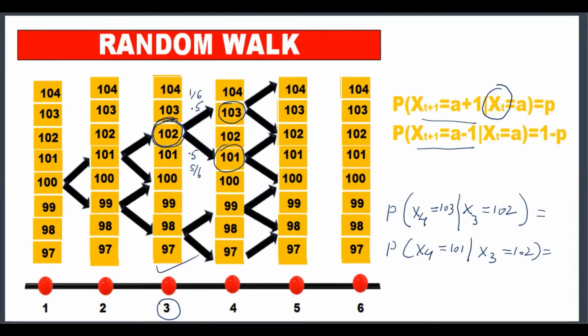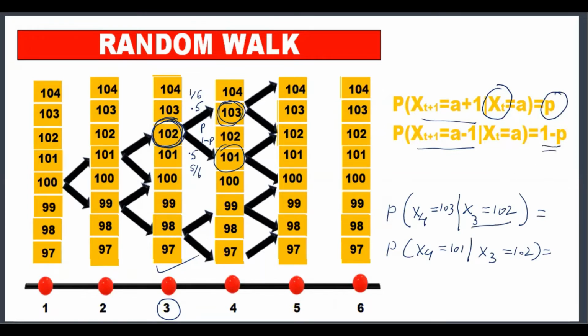So from 102 the probability that I will go to 103 is 50% here, or whatever p we say. p is the probability, 1 minus p is the other probability. We have a mathematical definition, we'll do that. But remember, probability p is 0.5 in case of tossing a coin, 1 upon 6 in case of rolling a die, and 1 minus p is the other one.